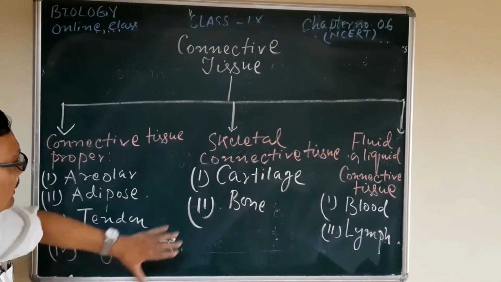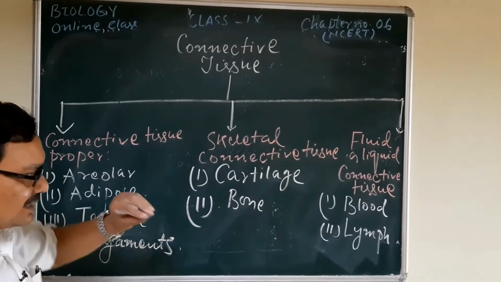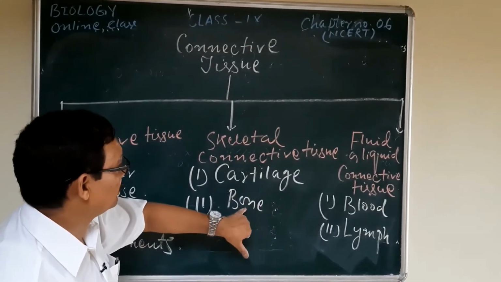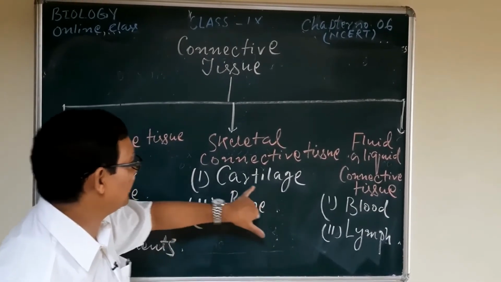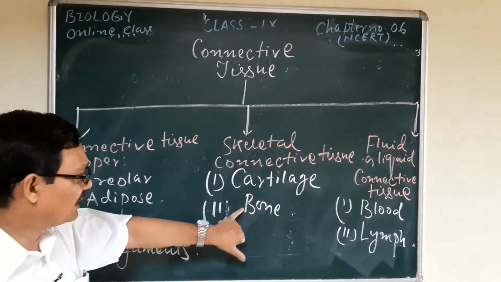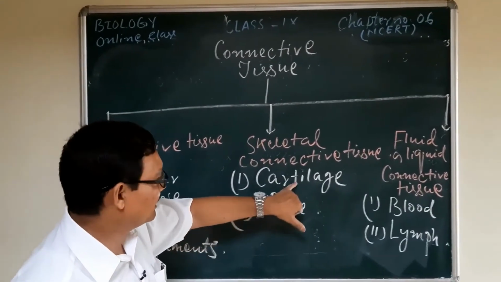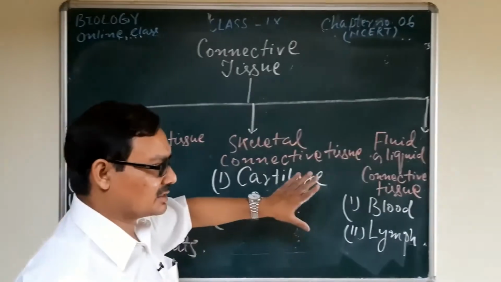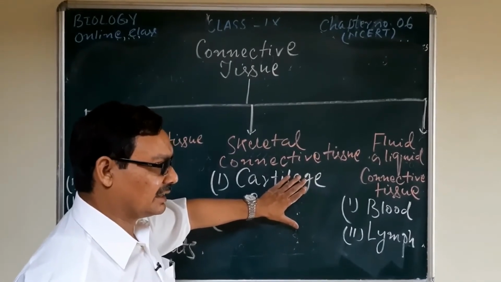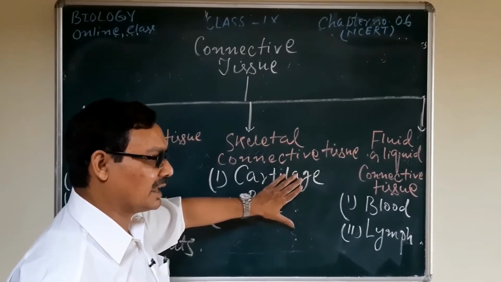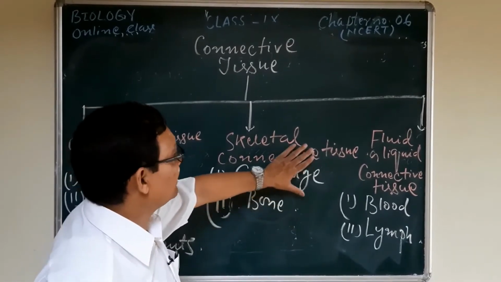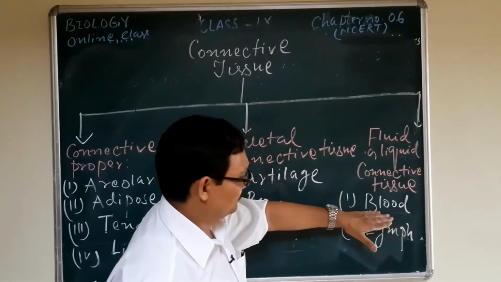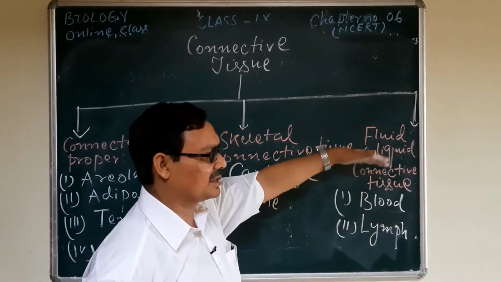In all this type of tissue there is some special emphasis I would like to give about the matrix. Like in the case of the bone, you may see the matrix is hard, made up of phosphorus and calcium, and also made up of certain hard substances like protein, etc. So that type of matrix you may see, and the matrix may be fluid, like in the case of plasma, where there is a matrix.